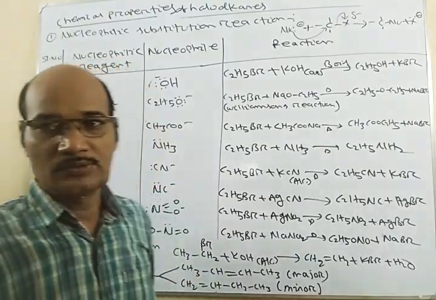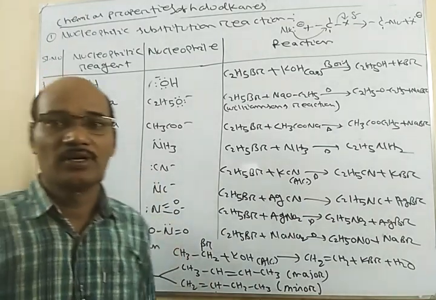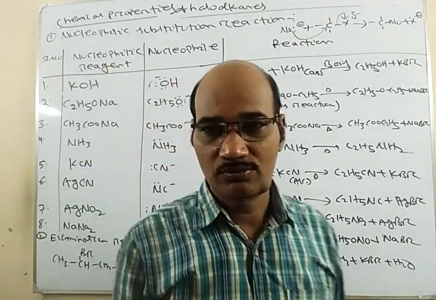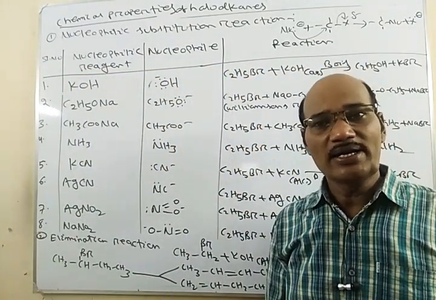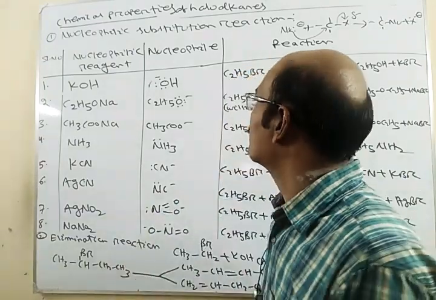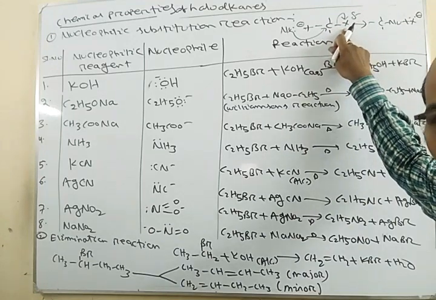So these are the chemical properties of haloalkanes. First I will study the nucleophilic substitution reactions. You will see the C-X bond is polar.